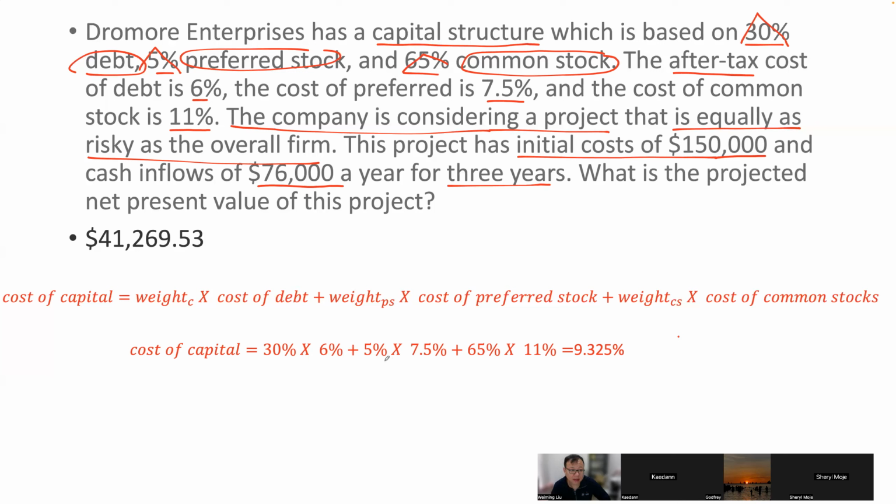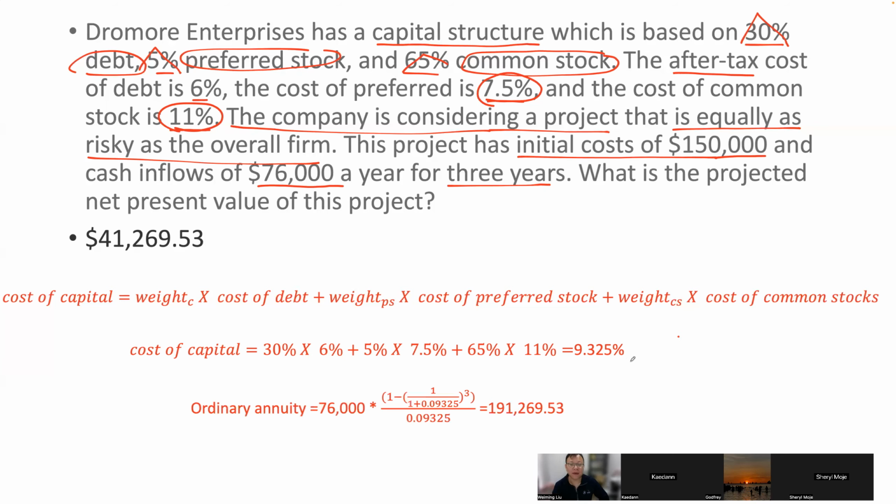And 5% for the preferred stock, and the cost of preferred is 7.5%, and 65% of common stock, and the cost of common stock is 11%. So when I do this calculation, I get my cost of capital to be 9.325%. Okay, so this is the cost of capital of the firm. Okay, and the project has the same expected return, 9.325%.